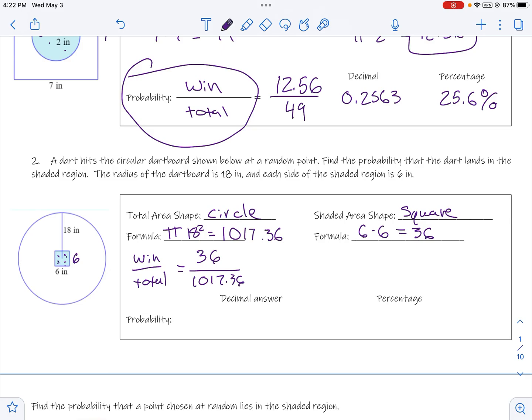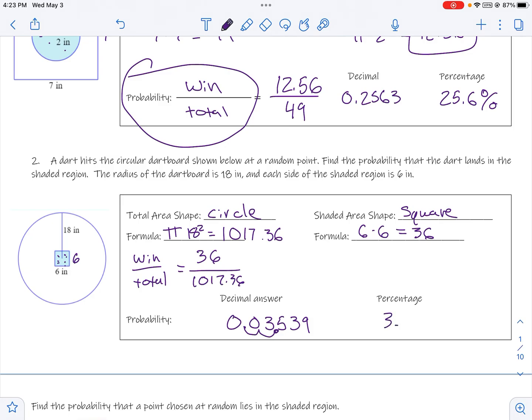If I divide those, I got 0.03538. Actually, I'll just make it 9 if I'm rounding. That's where I'll round. And then the percentage for that, I'll just round to the nearest tenth on that. We got to move the decimal twice to the right to make a percent.